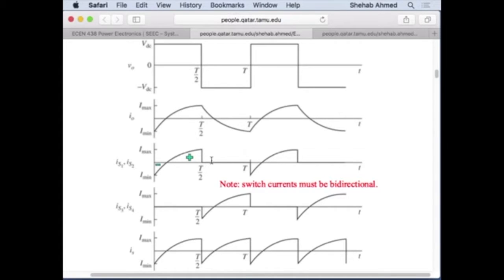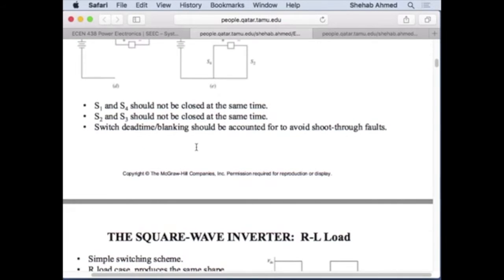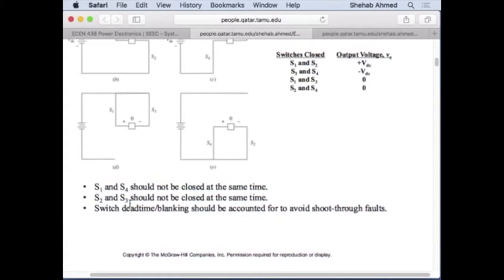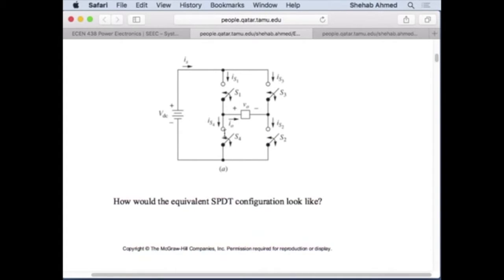And these diodes are... well, actually, one thing I did not talk about here: can I have 2 of these switches on at the same time? Can I have S1 and S4 on at the same time? I cannot have S1 and S4 on because I will have a short circuit across the power supply, right?